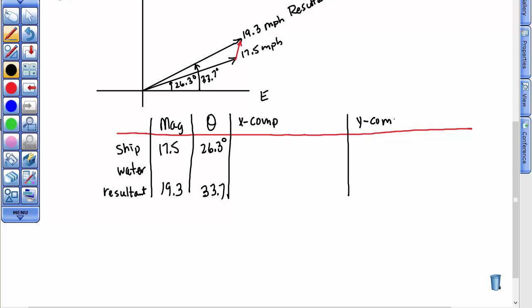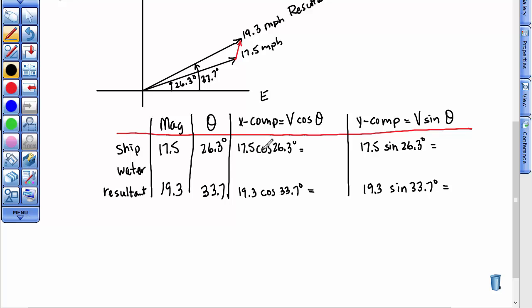remember, take the magnitude of the vector times the cosine of the angle for x, and take the magnitude of the vector times the sine of the angle for y. Okay, by taking 17.5 times the cosine of 26.3 degrees, I got the x component of the ship's bearing to be 15.7 miles per hour in an easterly direction.